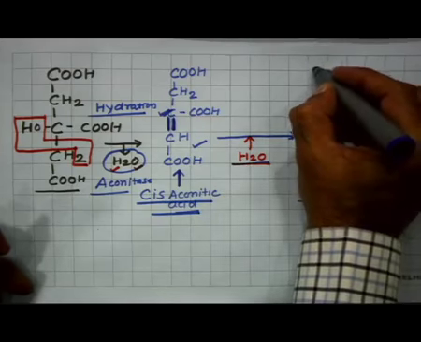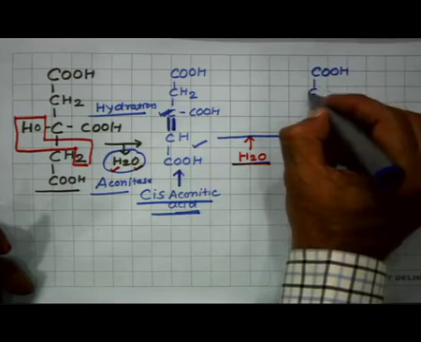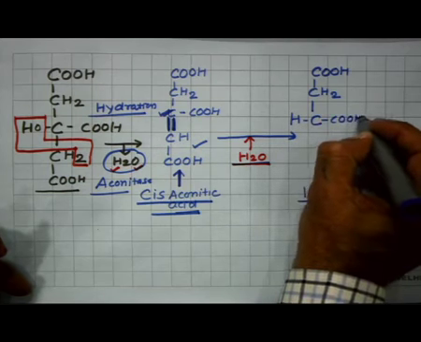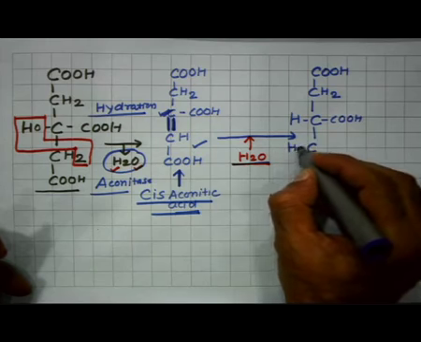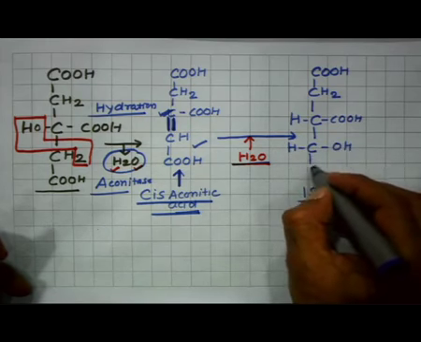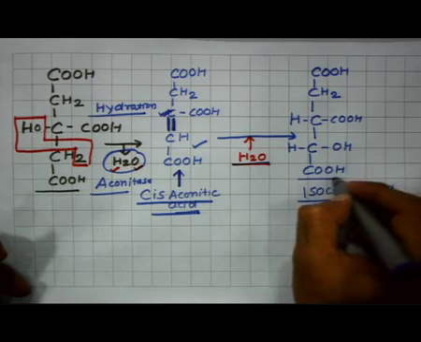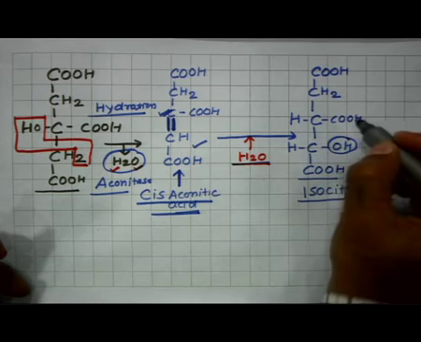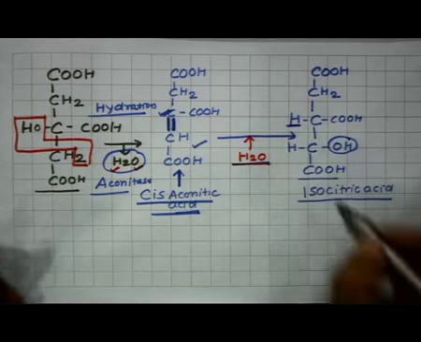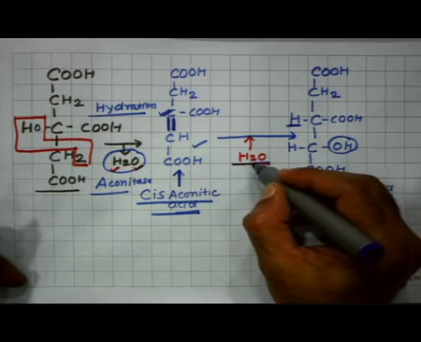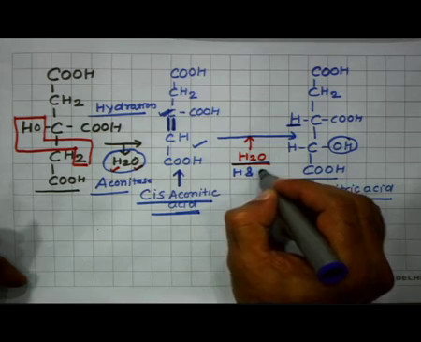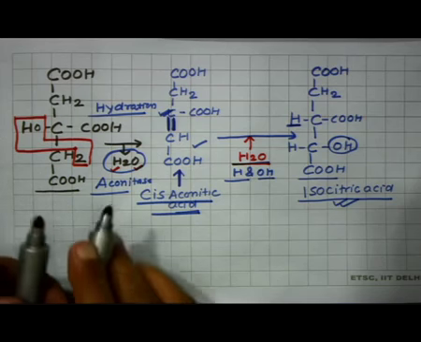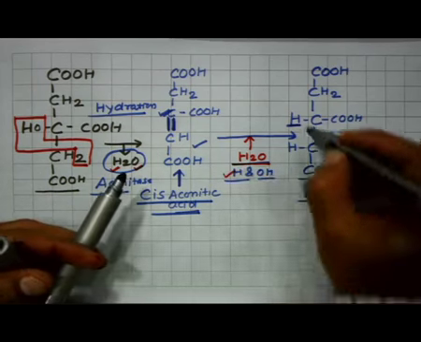H2O is going to be used here: COOH, CH2, CH, COOH, CH, OH, COOH. What is the difference? This H, OH is here and H is here. So, you can easily write where the H and OH are used, and we can easily write the structure of isocitric acid.